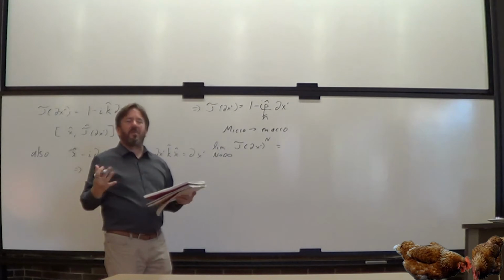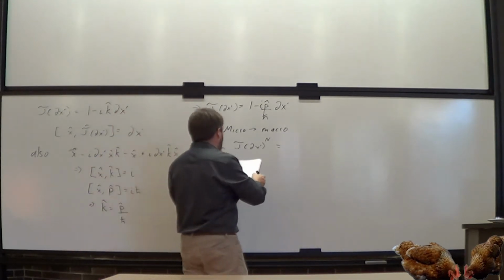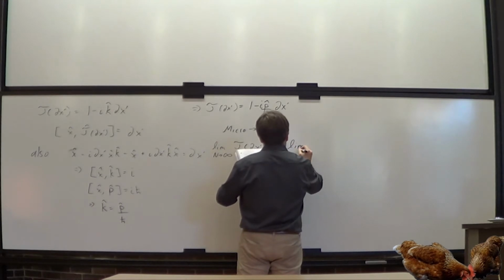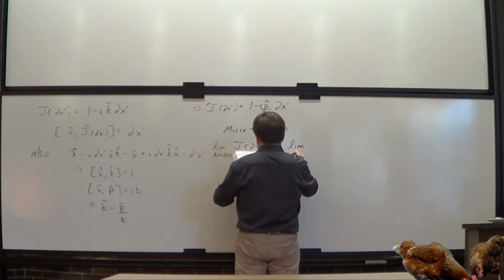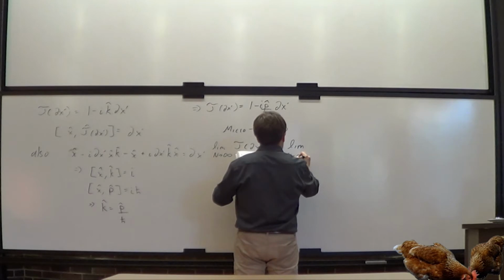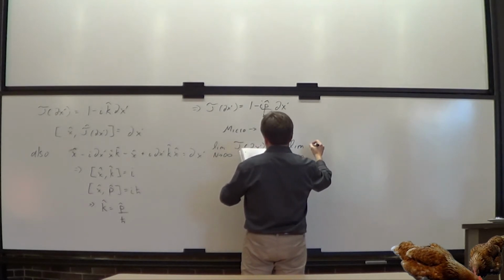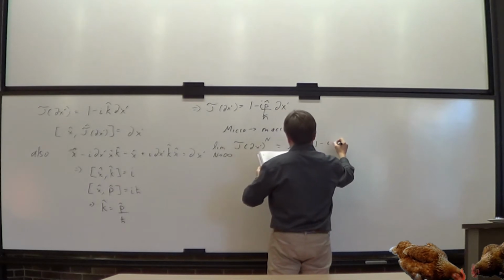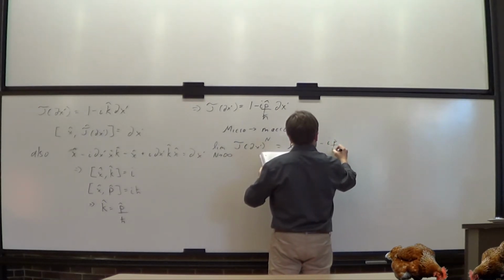So a partial is 1 over infinity times infinity, so now it looks like it might be a little bit bigger than 1 over infinity, a little bit bigger than 0. I'll write that out again, and it goes to infinity, 1 minus i p over h bar.